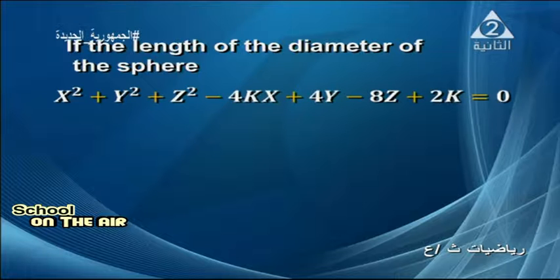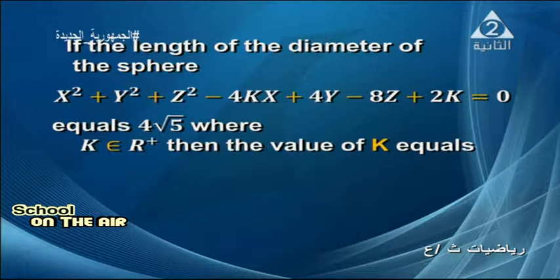The length of a diameter of a sphere. Remember, the length of a diameter of a sphere with equation x squared plus y squared plus z squared minus 4kx plus 4y minus 8z plus 2k equals 0 is 4 root 5, where k belongs to positive R. Then what is the value of k?